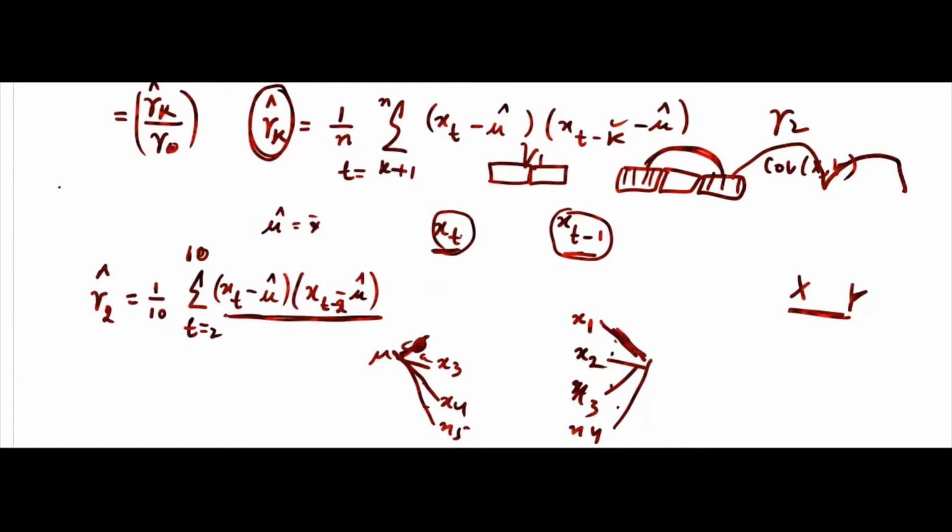That means I will ignore x1, x2, x3 minus mu, x1 minus mu, plus x4 minus mu multiplied by x2 minus mu, x5 minus mu multiplied by x3 minus mu. That way, if you see the train here, you are seeing the link between this one and this one, then this one and this one, two different autocovariance, and this one with this one, that way. That is what we want to know.